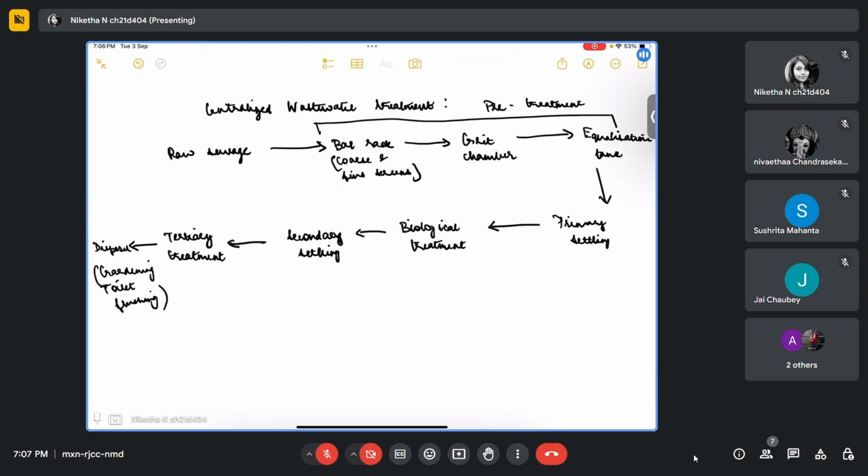Okay, generally in primary settling, almost 35% of your BOD will be removed, and so this primary settling is primary treatment. And biological treatment combined with secondary settling will come under the secondary treatment process.